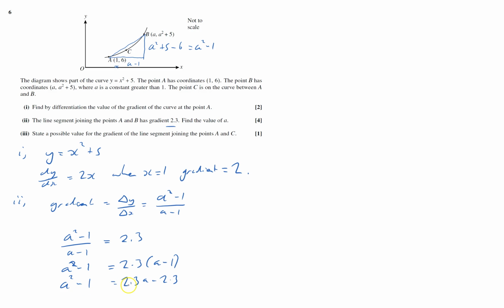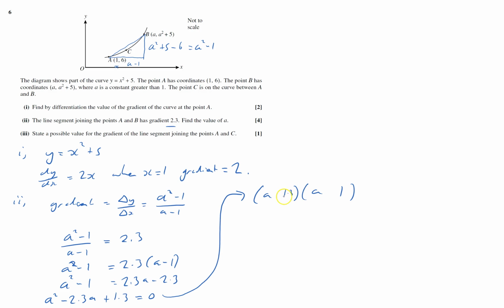And then you've got a quadratic, so put it all equal to 0. So a squared minus 2.3a plus 1.3 equals 0. Hoping that's going to factorize. To get 1.3, it's going to be 1 and 1.3, isn't it?